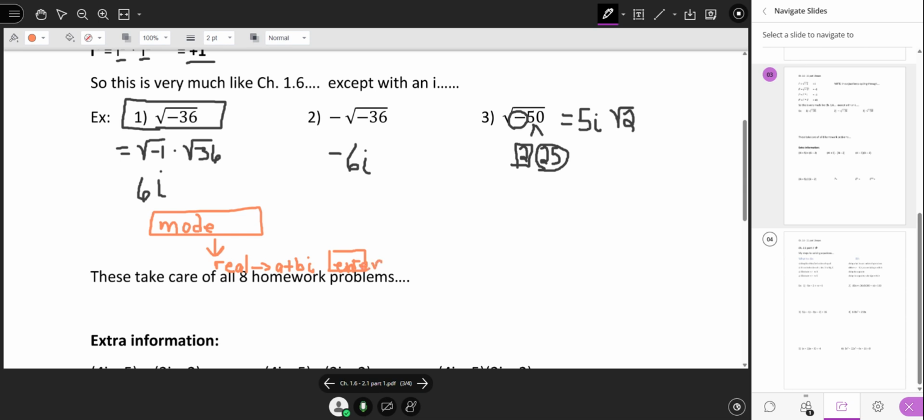Then you're going to hit second mode to take it back to the home screen.